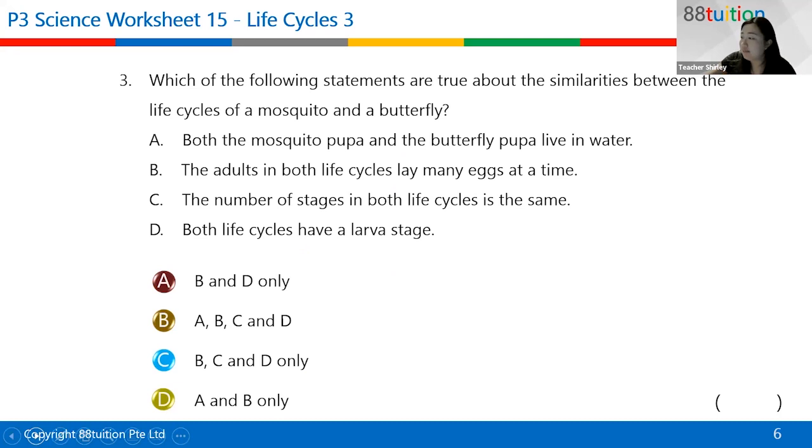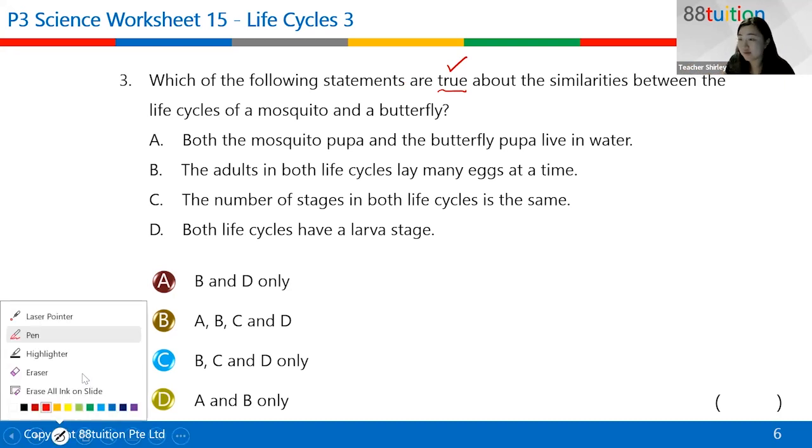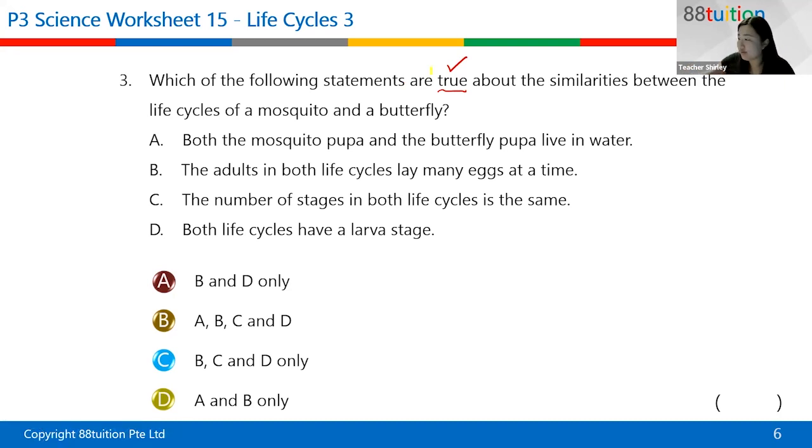Which of the following statements are true about the similarities between the life cycles of a mosquito and a butterfly? Both the mosquito pupa and the butterfly pupa live in water. Yes or no? Do both the butterfly and the mosquito pupa live in water?